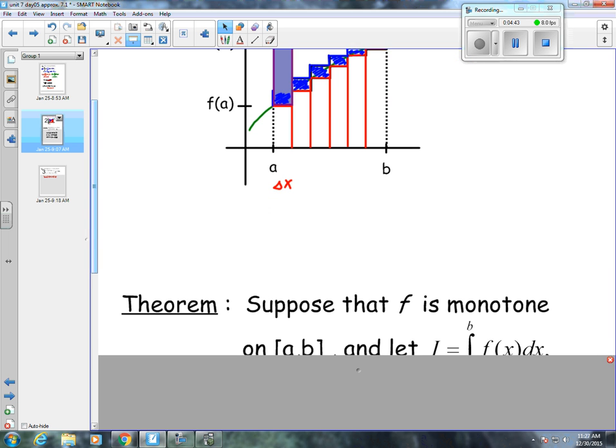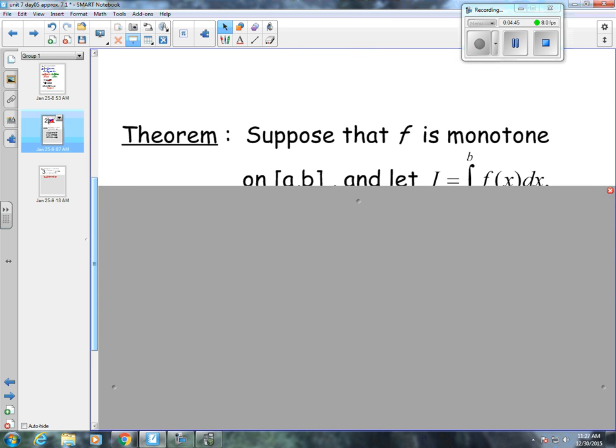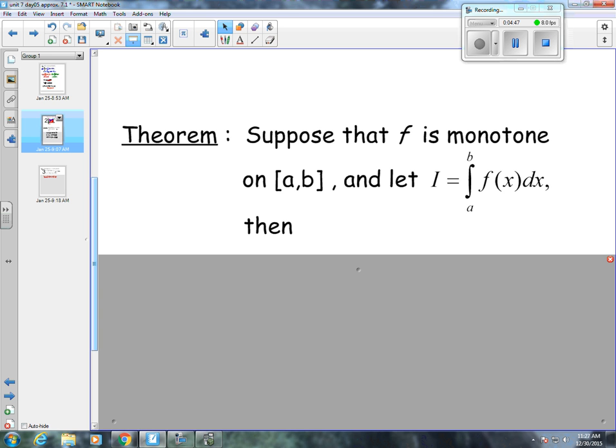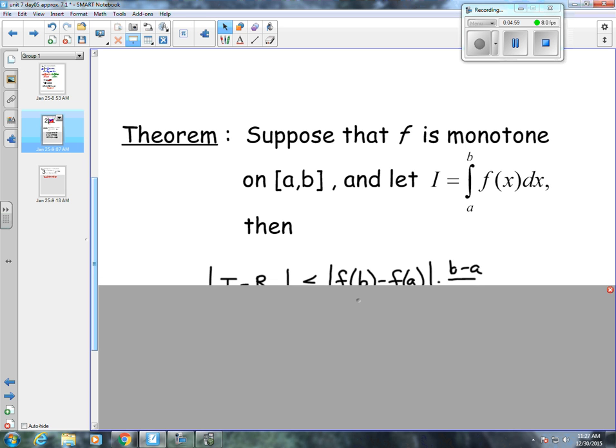So that leads us to a theorem. Suppose that a function f is monotone on a closed interval [a, b], and let I be the integral from a to b of f of x dx.